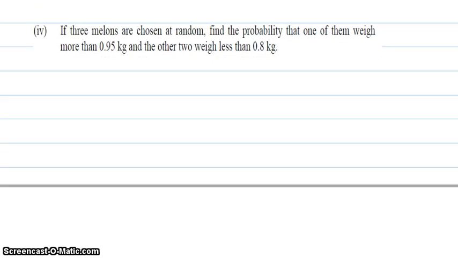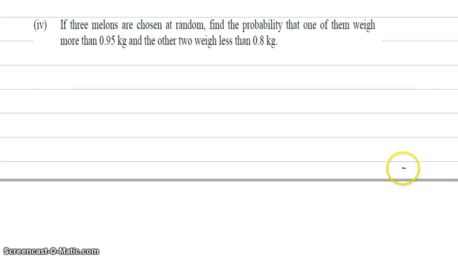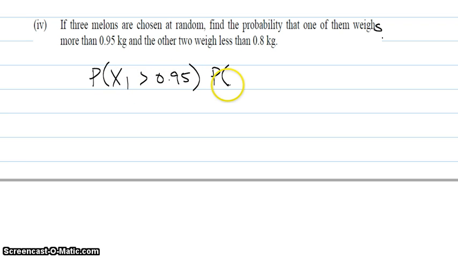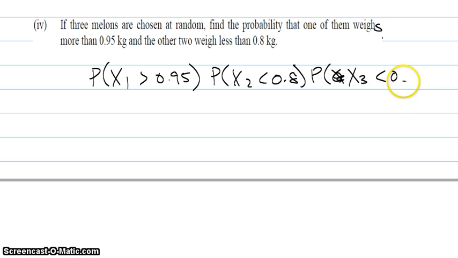Three melons are now chosen at random. What is the probability that one of them weighs more than 0.95 kg and the other two weigh less than 0.8 kg? So what's this going to be? This probability is equal to the probability, say, that my first melon weighs more than 0.95, and then my second melon weighs less than 0.8, and my third melon weighs less than 0.8.